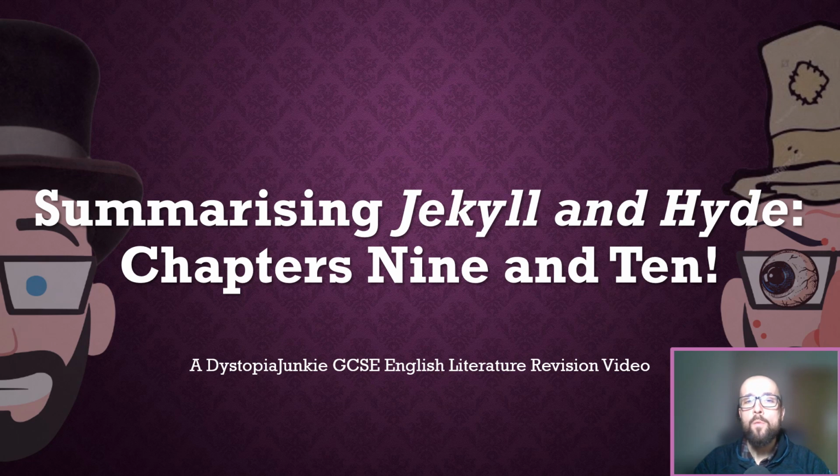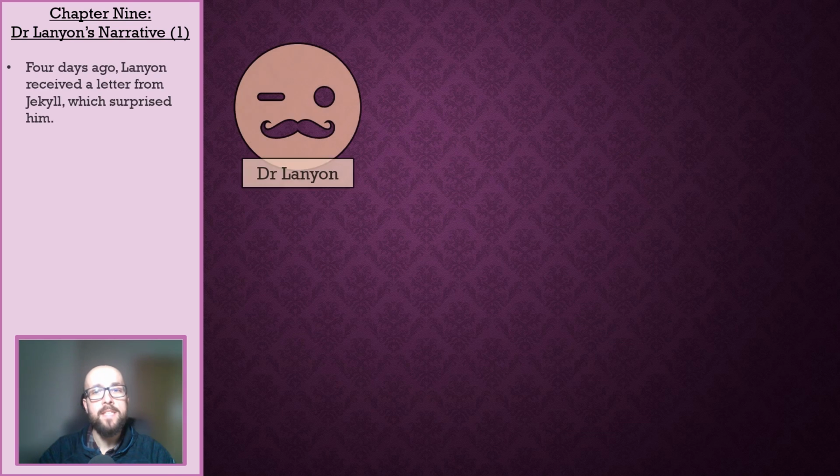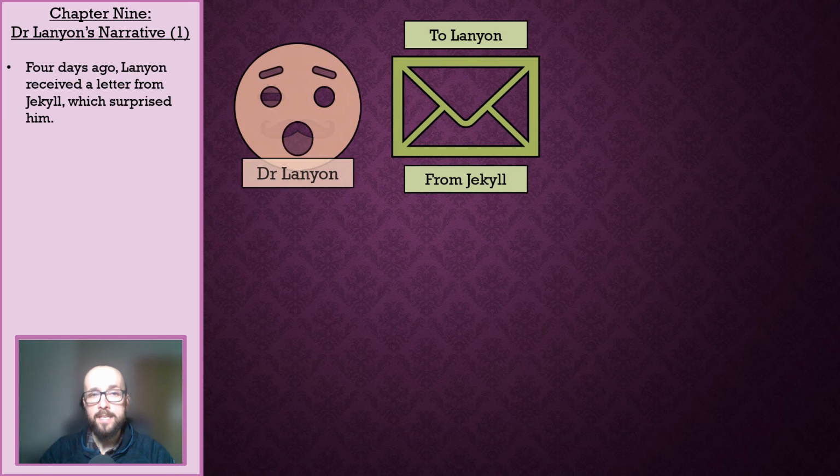Okay, so what happens in Chapter 9, Dr. Lanyon's narrative? So Dr. Lanyon's narrative begins when, 4 days ago, he received a letter from Dr. Jekyll. Now this shocked him, because although he and Jekyll were good friends, they weren't really in the habit of exchanging letters.